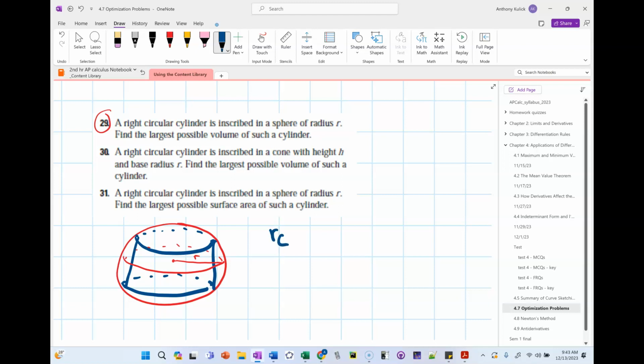So I'm going to have a radius for my cylinder, and I need a height for my cylinder, and I have a radius for my sphere. I'm going to put some subscripts on these because I have two different radii floating around, so I want good naming conventions so I don't get confused about which radii we're talking about. Now notice there's no numbers involved here.